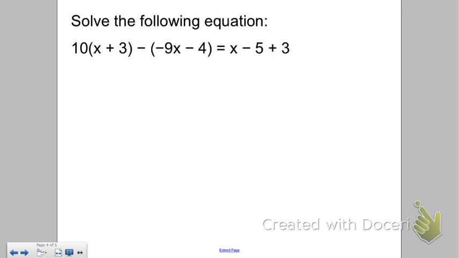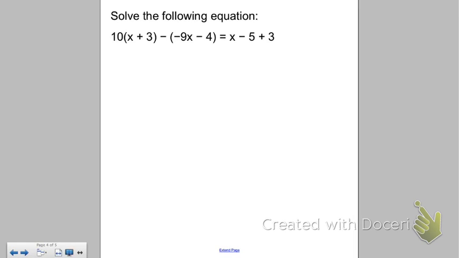And the last question, solve the following equation. 10 parentheses x plus 3 minus parentheses negative 9x minus 4 equals x minus 5 plus 3. Take a second to copy down the question.